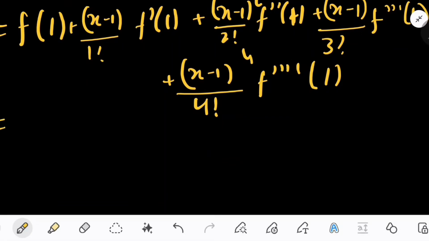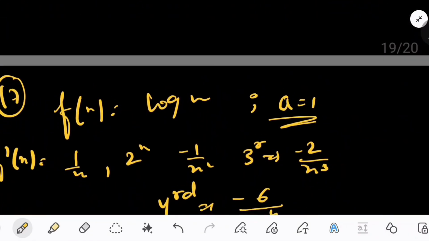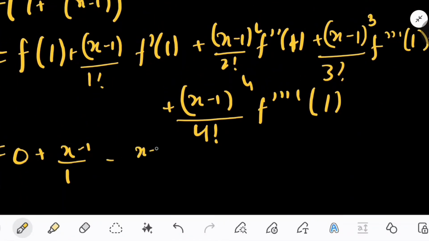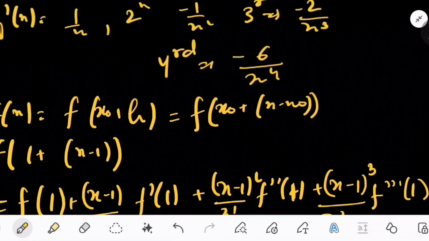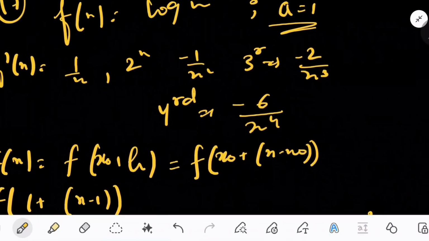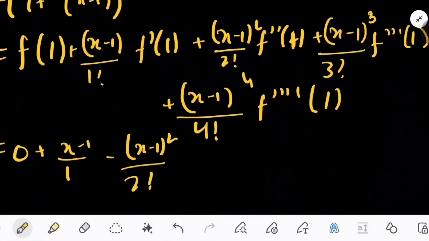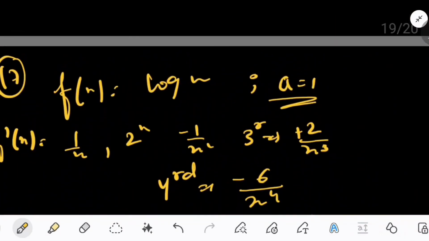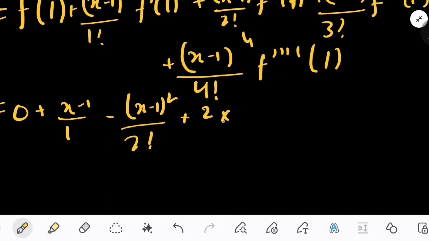So what is the f at 1? Log of 1 is 0, so you get 0 plus (x minus 1) by 1, you substitute, you get 1, and when you substitute 1 over here, you get negative 1. So you get negative (x minus 1) whole square by 2 factorial, and when you substitute over here, the third will become positive, it will become plus 2 by 1 into (x minus 1) whole cube, right?